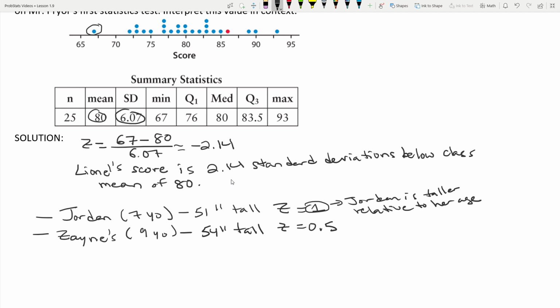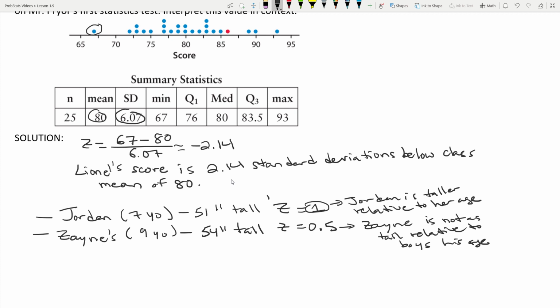And Zane is not as tall relative to boys his age. So even though he's physically taller, relative to boys his age, he's not.